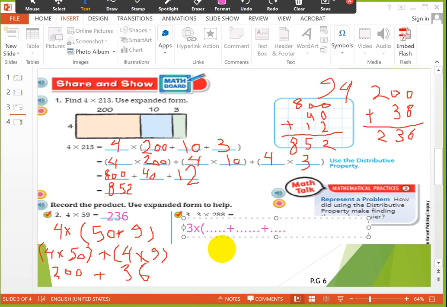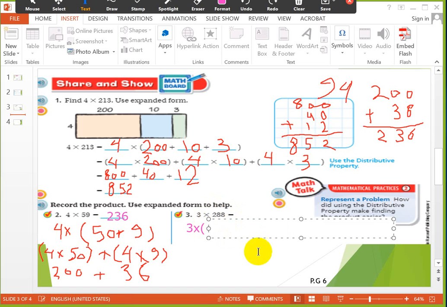Let's write it. First number, I will multiply 3 with 2 in the hundreds digit. So 2 in the hundreds digit, the value of this number will be 2 multiply 100, that means 200, right? This one will be 200.